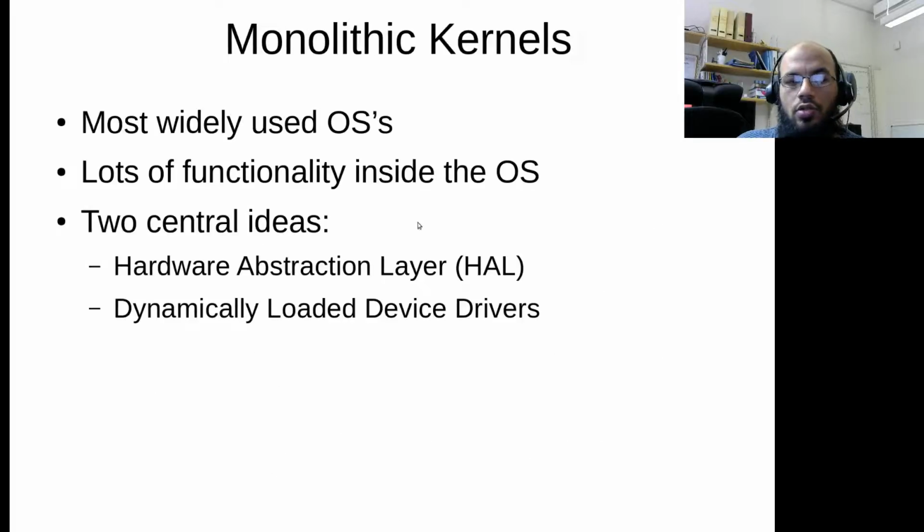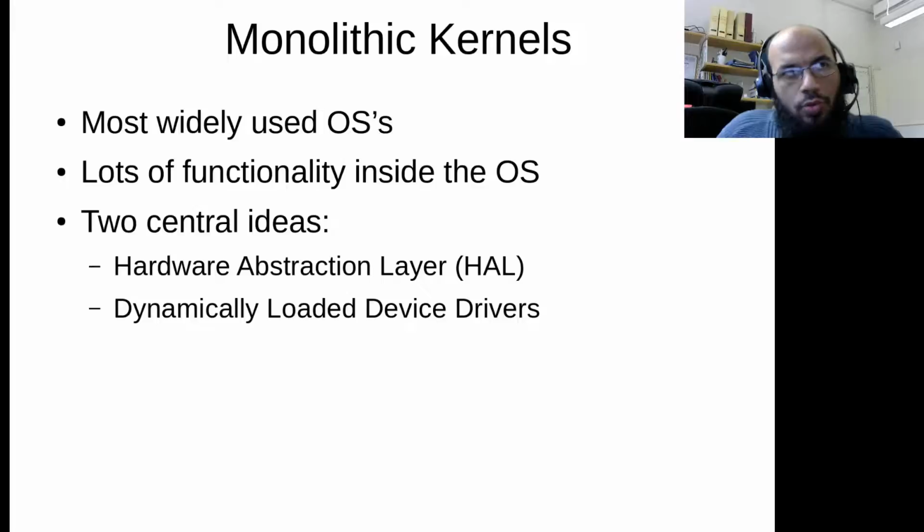So, as I've already talked about, the Linux philosophy is very different from what we call microkernels. The Linux philosophy is called monolithic kernels, and they are the most widely used operating systems on Earth because both Linux and Windows are monolithic. That means that lots of functionality goes inside the operating system.